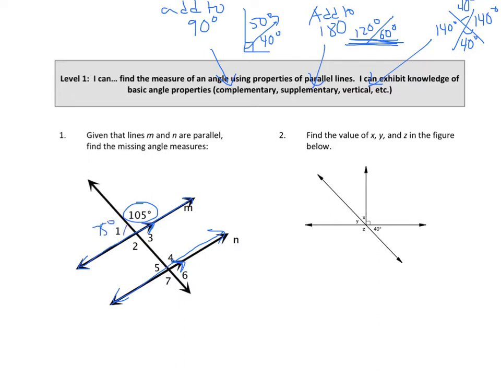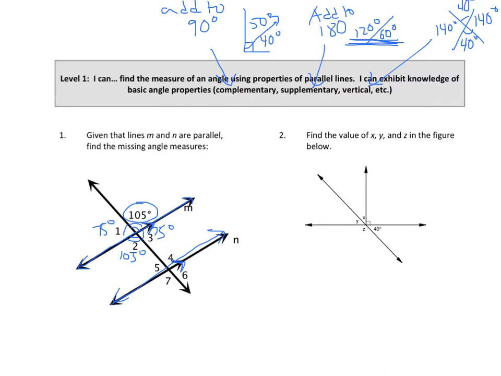Angle 1 and angle 3 are vertical angles. They're across from each other, and so they would be the same. So this would be 75. And then angle 2 is going to be the same as the 105 angle, because they are vertical angles. So using properties of vertical angles and supplementary angles, we can get those four angles.